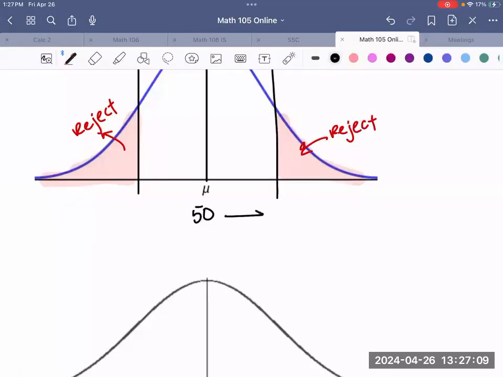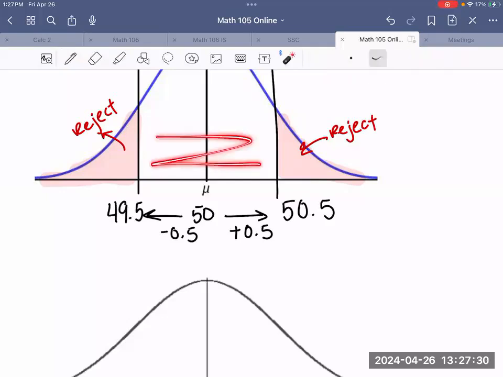If we add or subtract 0.5, that would get us to those margins. So about 50.5 or about 49.5 would be the values at which we could reject. The inside is okay, the outside is not okay.